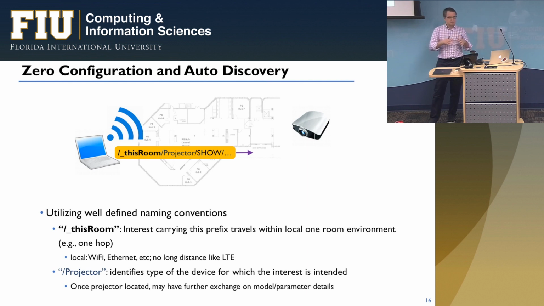If I were in a local environment that supports NDN natively, the only thing I would need to do to send my presentation to this projector in this room is to send some form of a request to the broadcast domain where the projector is connected.